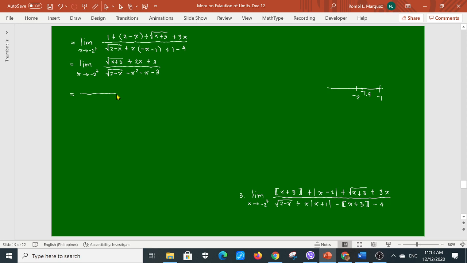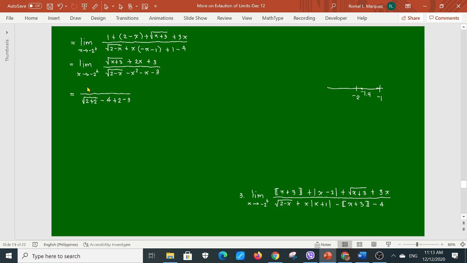So again, the denominator, we have square root of 2 minus negative 2, so it is plus 2. And then minus negative 2, quantity squared, it is positive 4. Then it is now plus 2 minus 3.